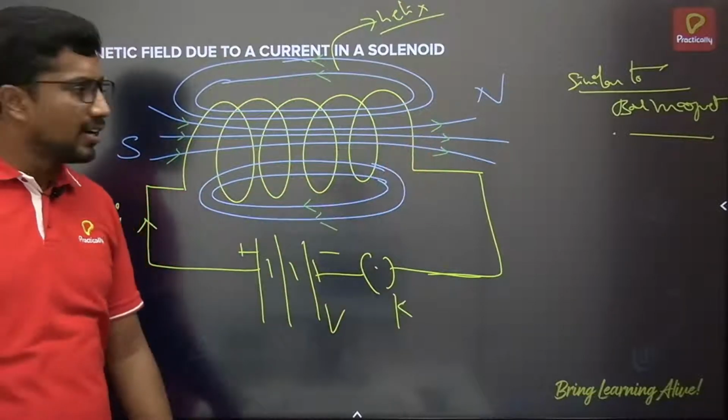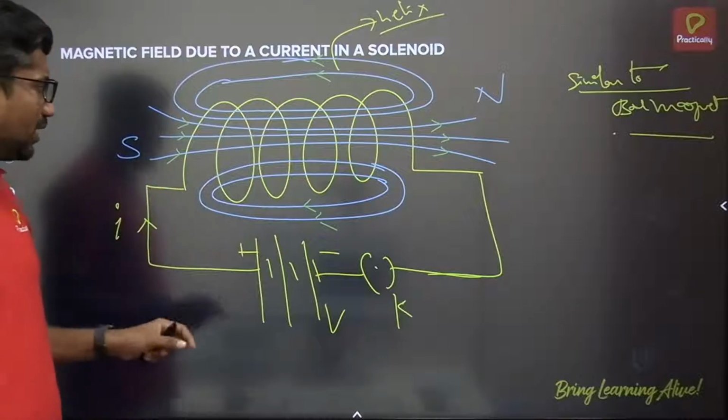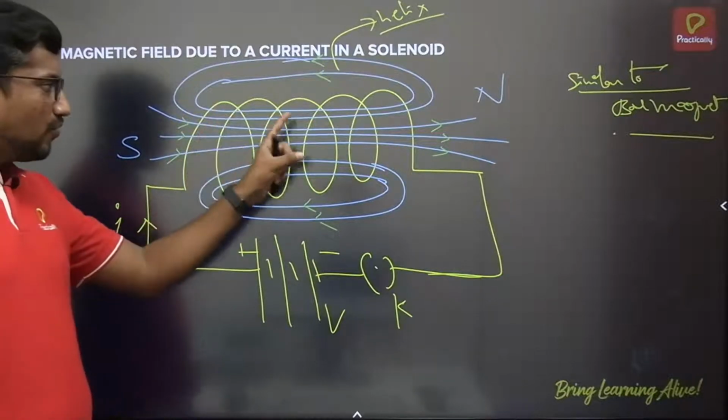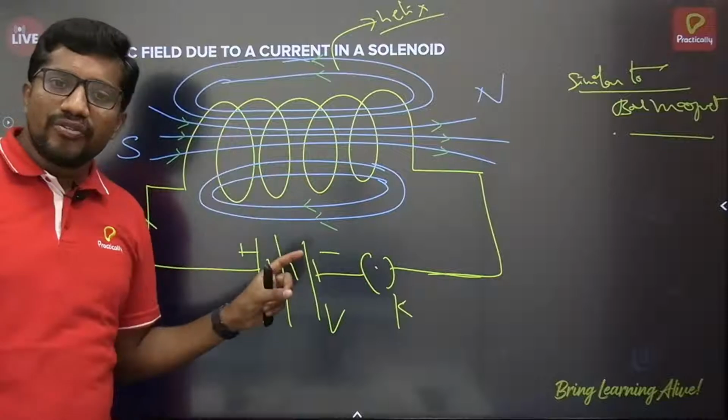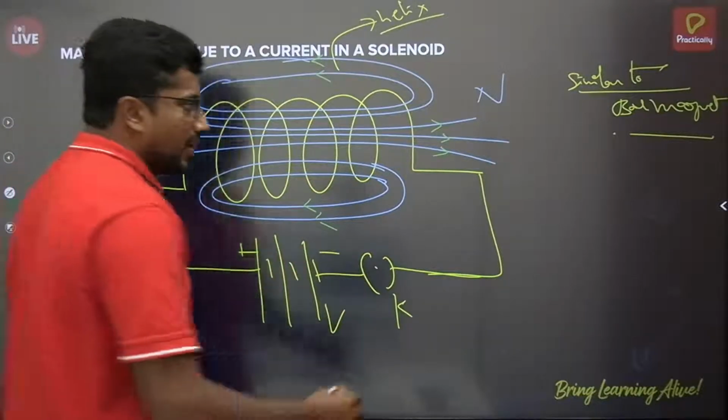So the important point that you should notice is that the magnetic field inside the solenoid is uniform and made of parallel lines. Very, very important.